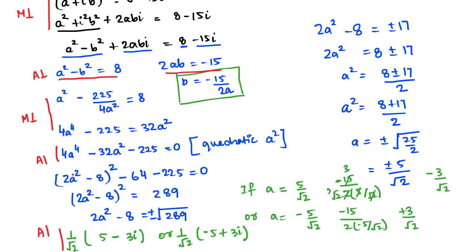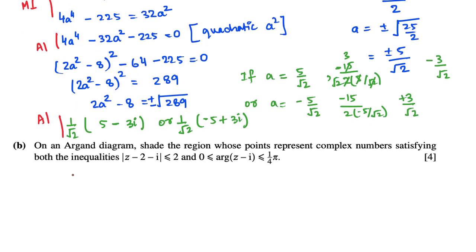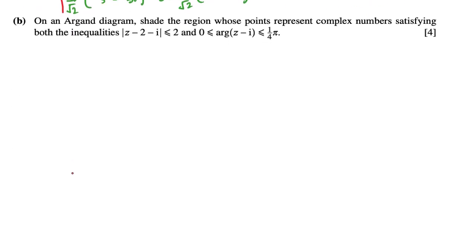Okay, now let's move on to the next question in the same paper. On the Argand diagram, shade the region whose points represent complex numbers satisfying both the inequalities. So first, what does this inequality represent? This inequality represents the equation of a locus of points in a circular form.